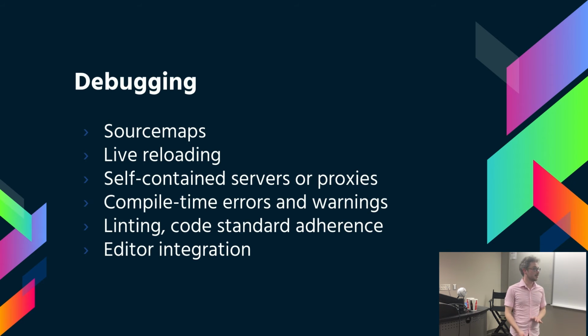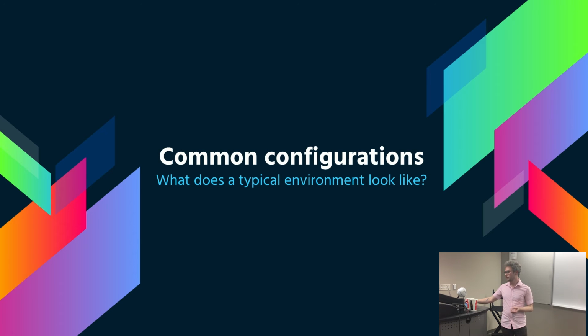It can do things like linting and code standards. You can get tests run at this point. There's lots of editor integration, so Atom and Sublime have packages that can interact with a couple different debug things. Really it just depends on how you like to debug and what you need. So, a couple common configurations.